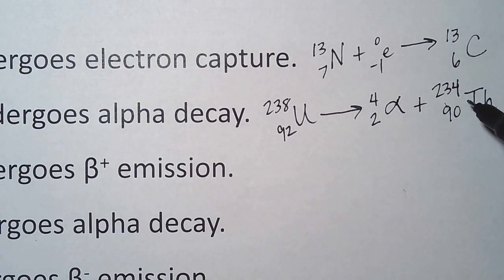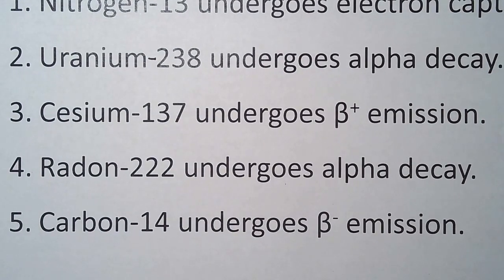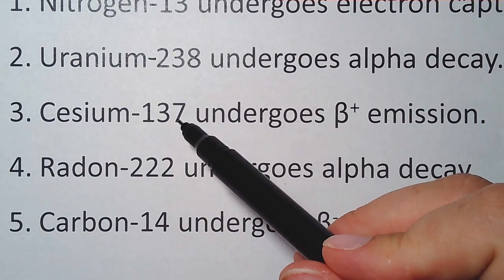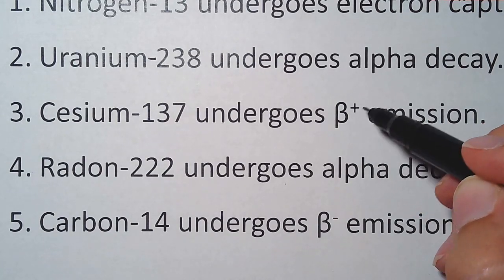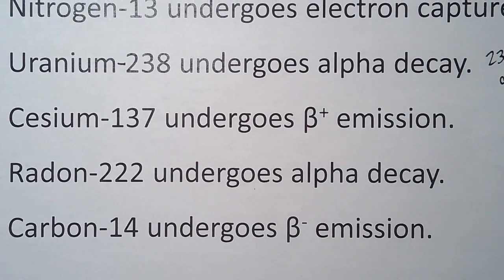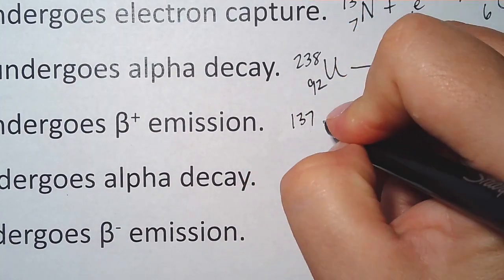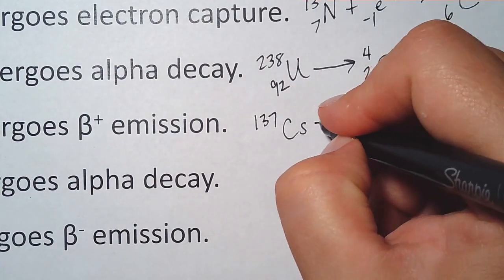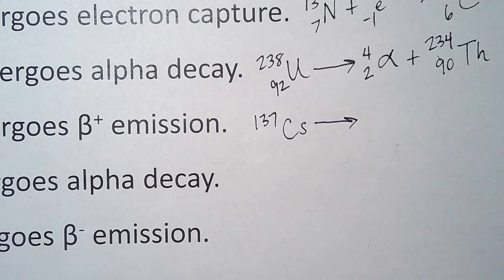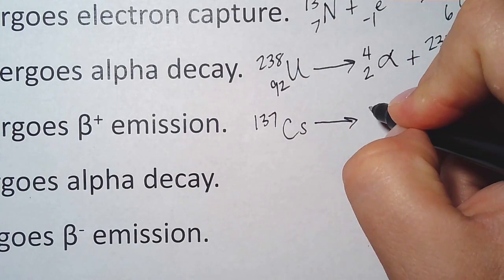Alright, cesium 137 undergoes positron emission, so beta plus. So cesium 137 undergoing positron emission, so we're losing a positive beta particle, so 0 mass, +1 for charge. We're looking at what's left over.